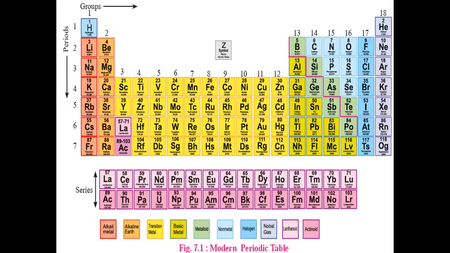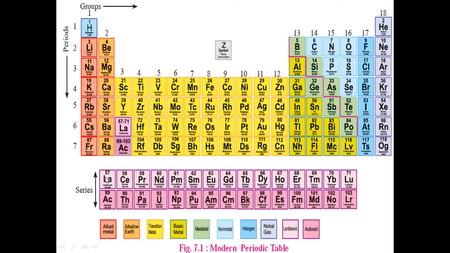So this is our periodic table which is given in our book: 1 to 18 are the groups and 1 to 7 are the periods, whereas this is the lanthanide and actinide series, lanthanum to lutetium and actinium to lawrencium.